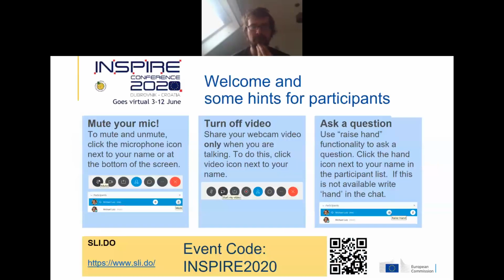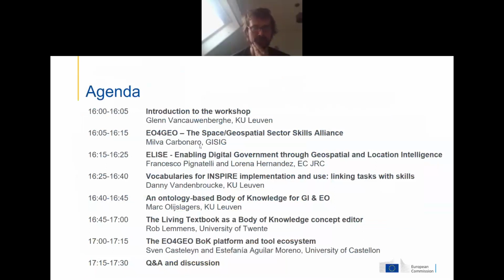So again, I already explained the rules. Let me immediately go to the agenda and use this as an opportunity to briefly introduce the objectives, aim, content of the workshop today. It's in fact a joint initiative of two bigger projects.